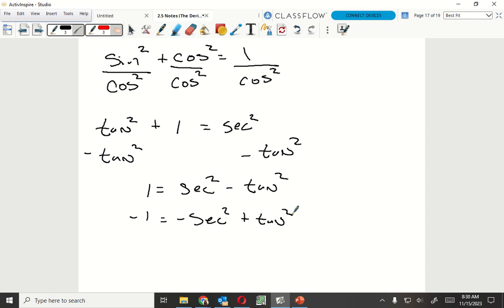So whenever you see this identity here, you know that you could replace secant squared minus tangent squared with 1. Or you could replace tangent squared minus secant squared, the second one, with -1. So these are different uses of the same identity. I'm just rearranging. They're all equivalent.